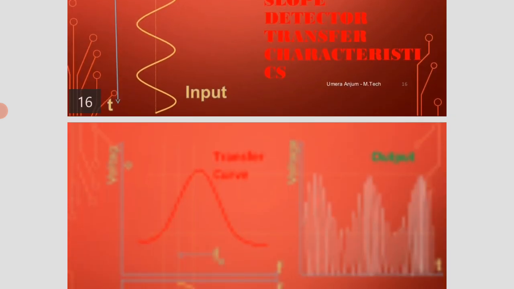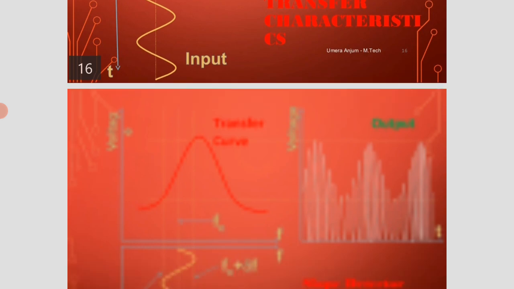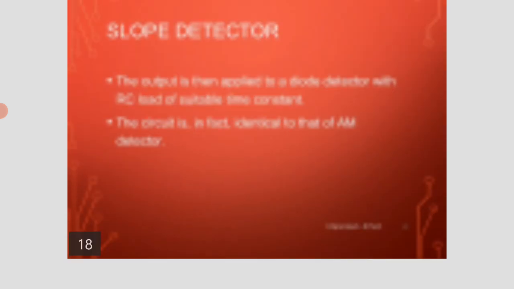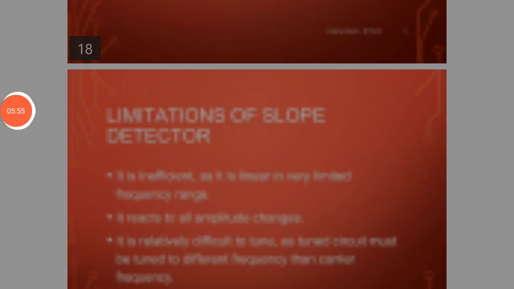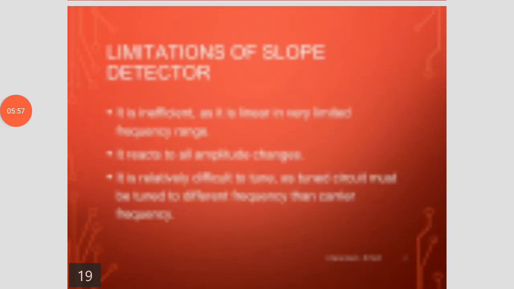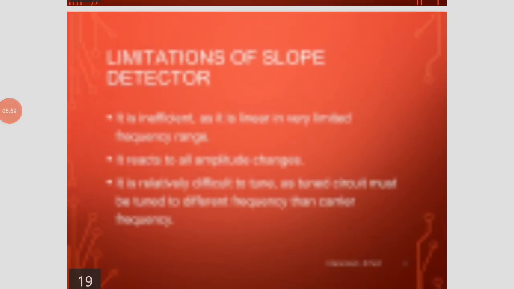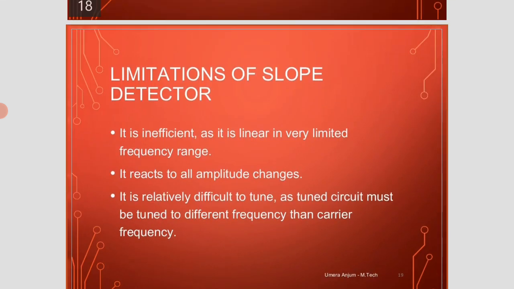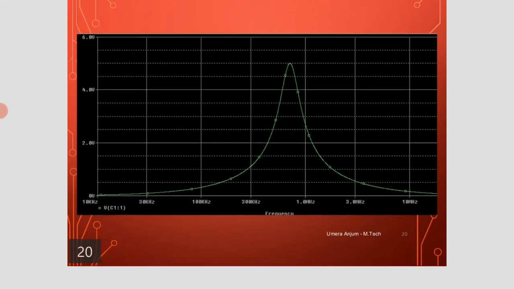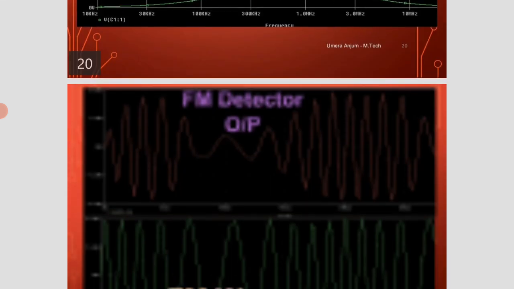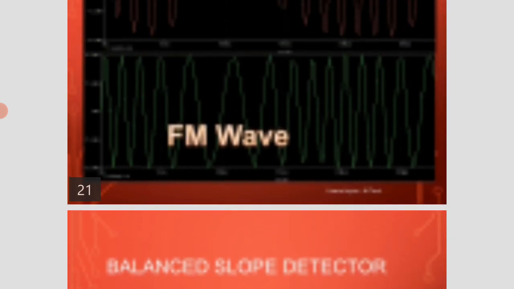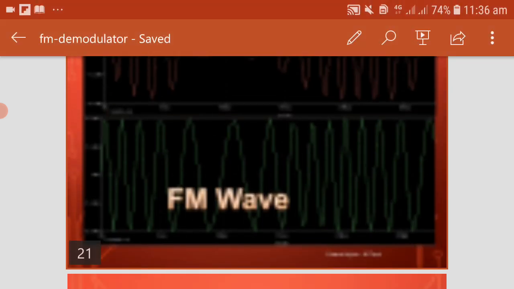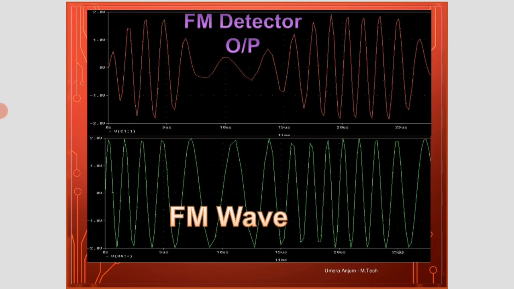After that, we saw how we get the output and the graph of the slope detector on a waveform, and also the limitations of the slope detector. Also we saw that on a graph. After that, the second type is the balanced slope detector, which we will see in the next video lecture.